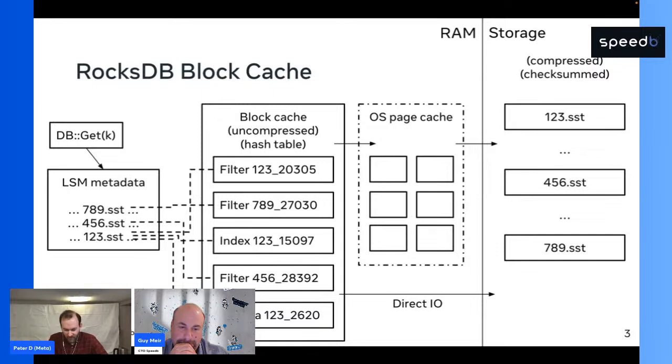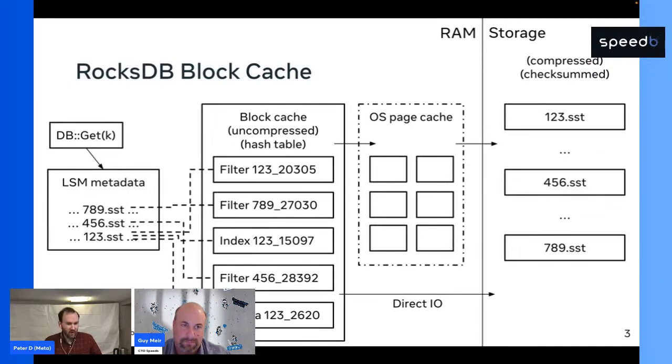Arguably more, but two in particular. The first is that the data on disk for almost all of our use cases is going to be compressed using something like Zstandard, or we also like, what's the other one? LZ4.